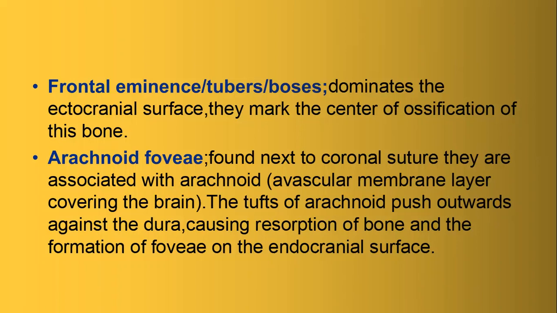Then let's look at the arachnoid foveae. These are found next to the coronal suture, and they are associated with the arachnoid, which is a vascular membrane layer covering the brain. The tufts of arachnoid push outwards against the dura, causing resorption of bone and the formation of foveae on the endocranial surface.